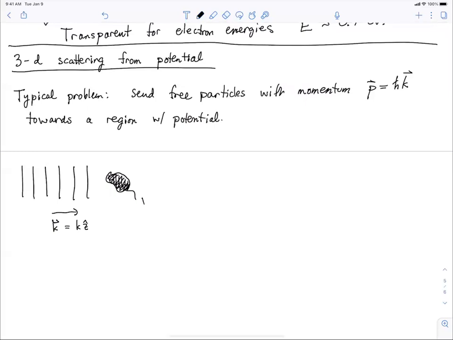This blob is our region where V of r is non-zero. And when I draw these straight lines, what I'm really drawing is the wave function's lines of constant phase. So for example, I could choose to draw a line wherever the phase happens to be 0.